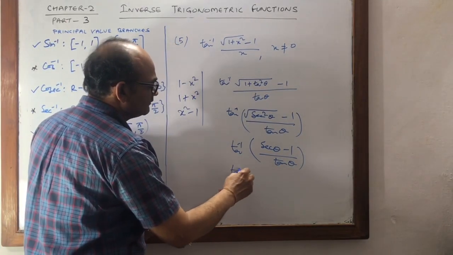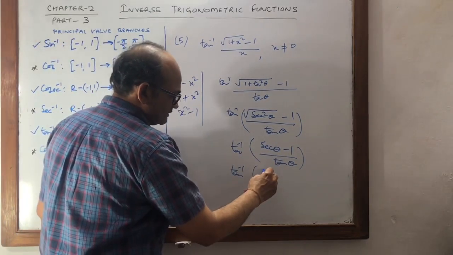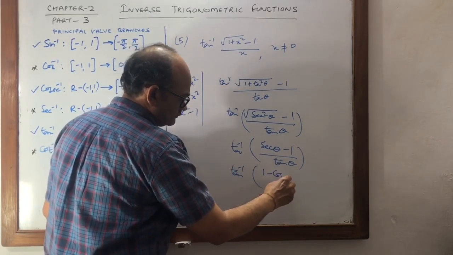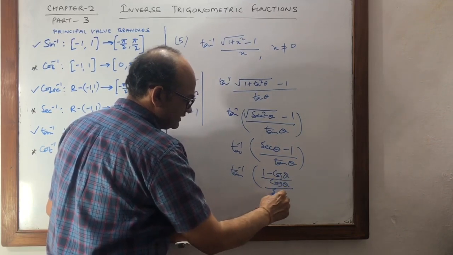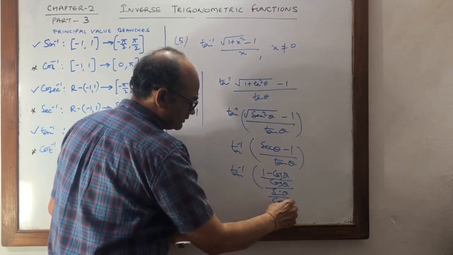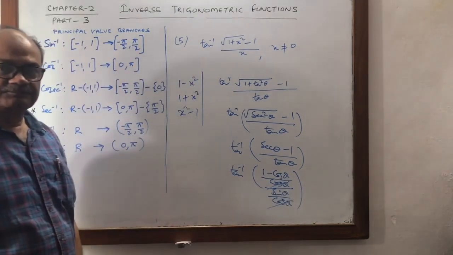Sec theta identity is 1 by cos theta, and here sin theta upon cos theta. Cos and cos cancel out.